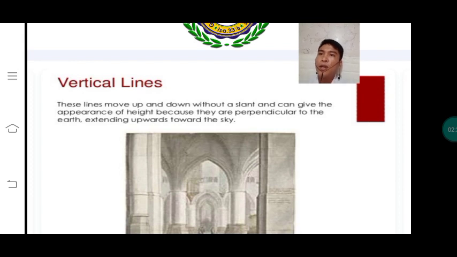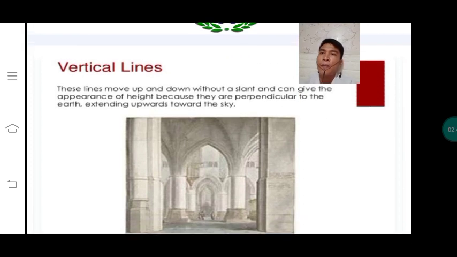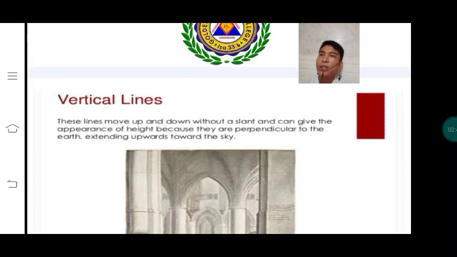These lines move up and down without a slant and can give the appearance of height because they are perpendicular to the earth, extending upward towards the sky. So those are the vertical lines.